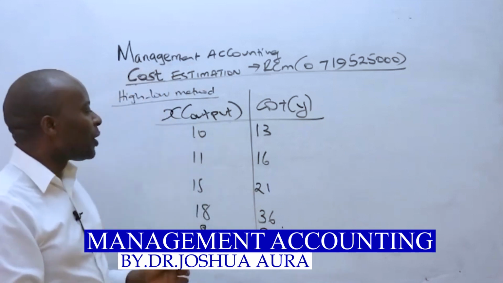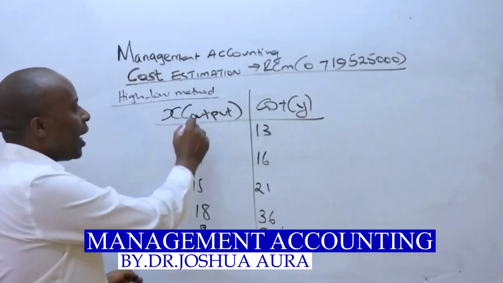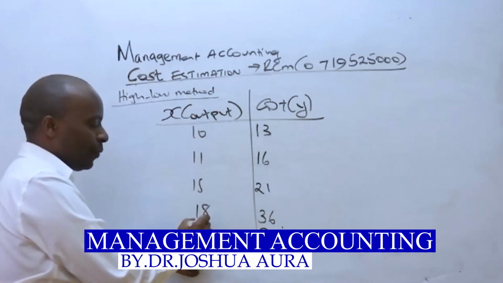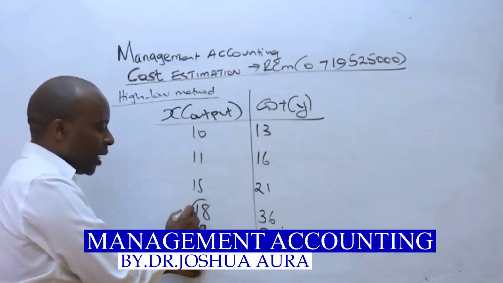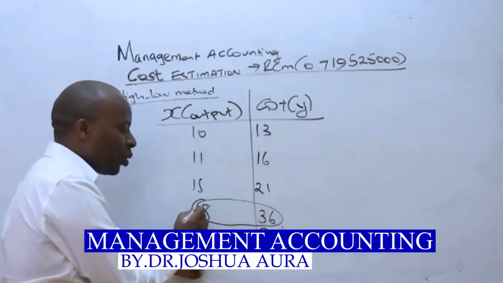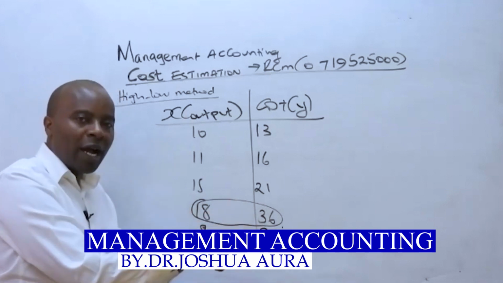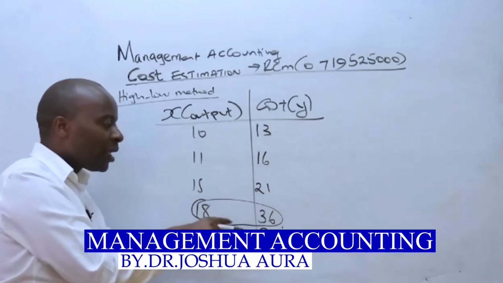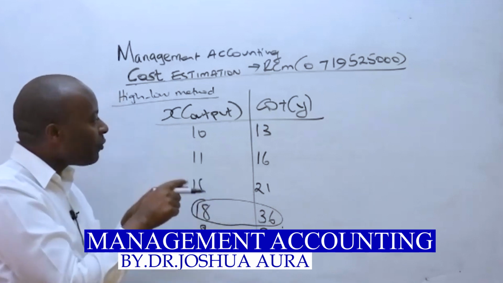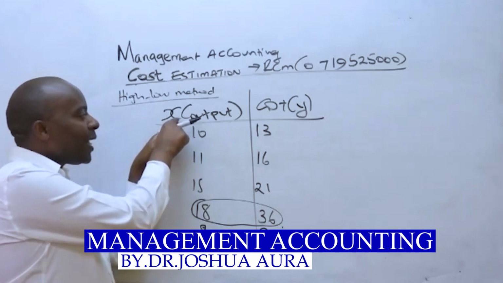And these 2 points are which ones here? We have the highest X value. So the highest X value here is 18. This 18, of course, you take as a point with respect to Y. Even if the Y figure is not the highest, the most important thing is for you to recognize that we are working with the highest X value.